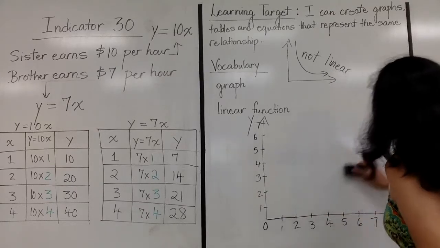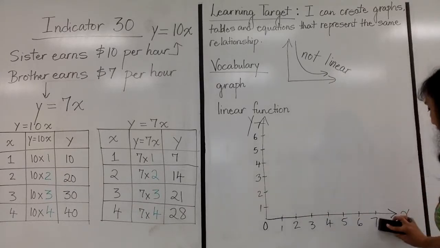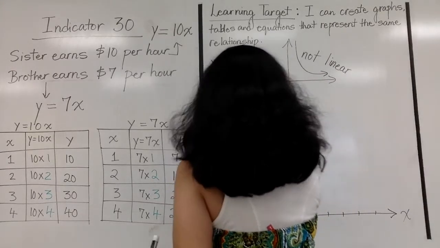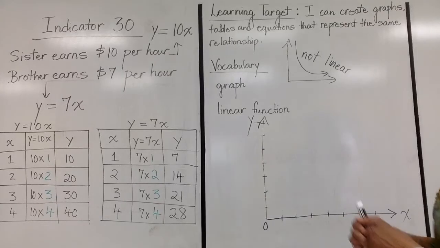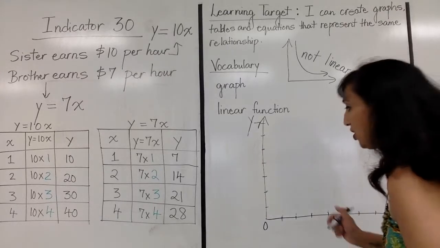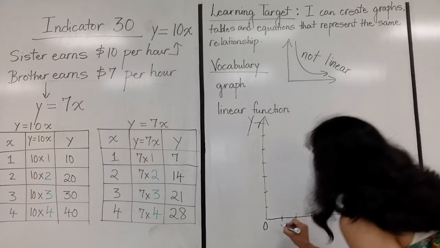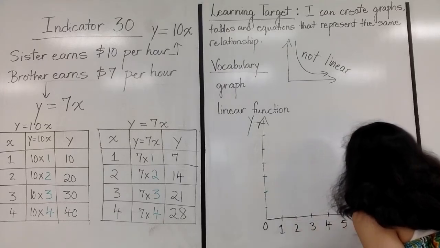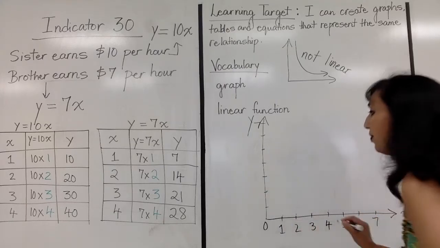Okay, now if I were to graph this and then analyze the graph, so let's go ahead and graph this. Well, here we go. I shouldn't have really changed this one, but oh well. Okay, 1, 2, 3, 4, 5, 6, 7.